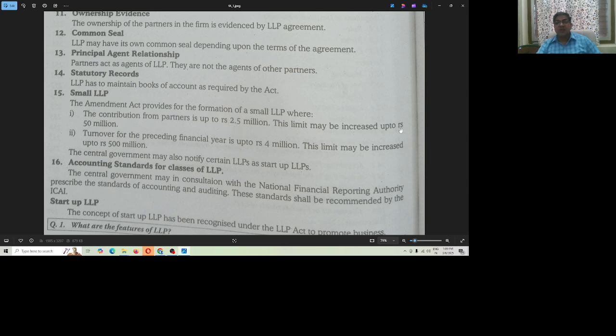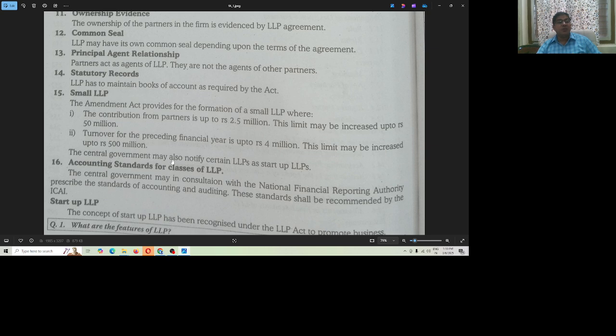This limit may be increased up to rupees 50 million if the partners contribute around 2.5 million, and sometimes it may be increased up to 50 million. So the small LLP can be formed. Their turnover for the preceding financial year is up to rupees 4 million. This limit may be increased up to rupees 500 million.